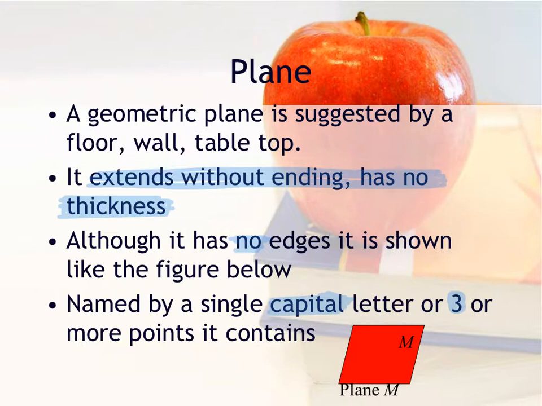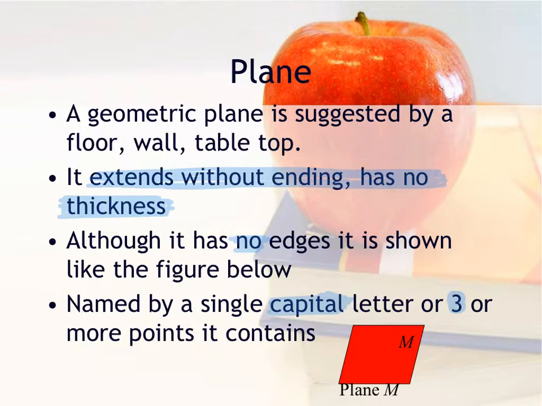Now, a plane, when you look at it in a textbook, is usually going to be represented as a rectangle or a parallelogram. A plane doesn't have any end. There's no thickness to it, even though in the book it looks like it has thickness.